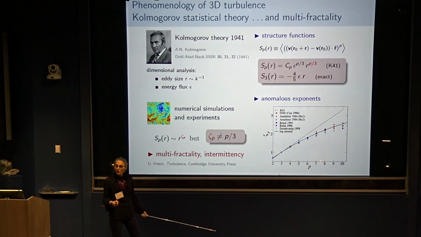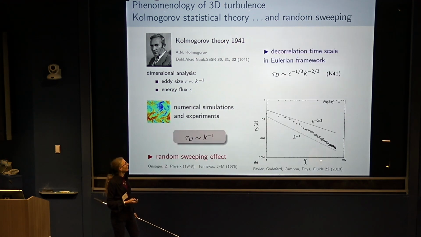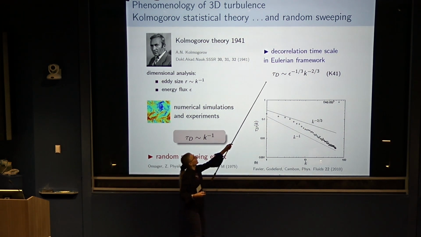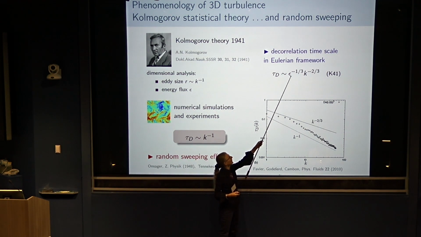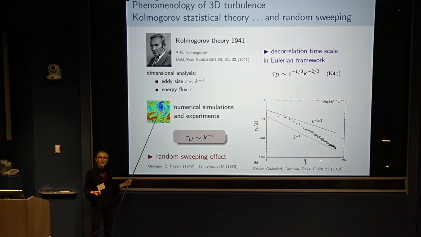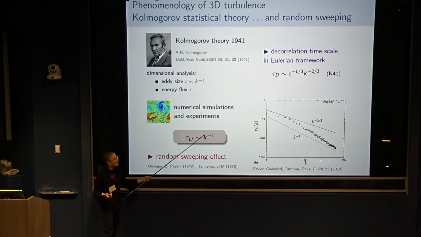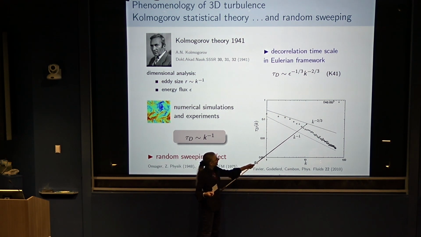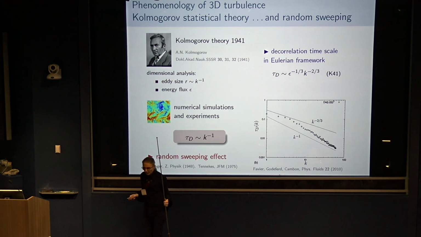This concerns an equal-time quantity, the structure function. But now, if you look at temporal dependence, again following Kolmogorov, you can construct a typical decorrelation timescale, which goes like k to the minus 2/3. But in experiments and numerical simulations, this is not what is observed. What is observed is rather a k^-1 decay, as is shown here, in particular at large k, where you deviate from this prediction and reach k^-1.